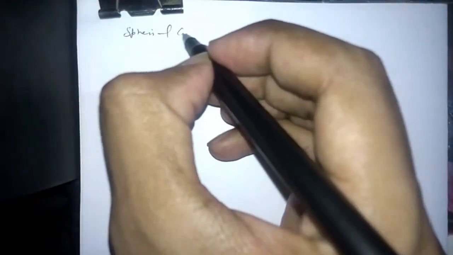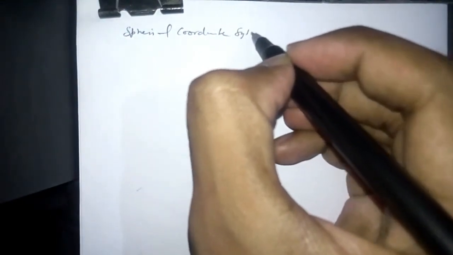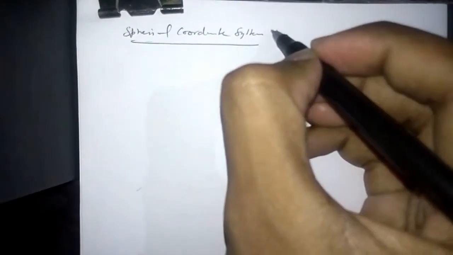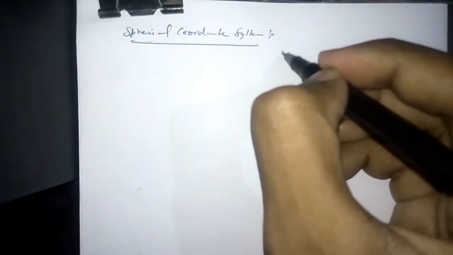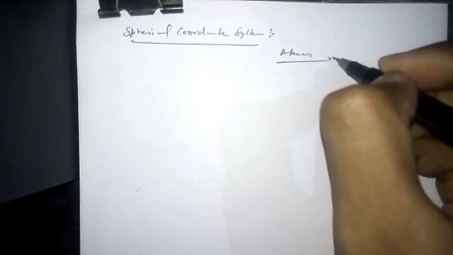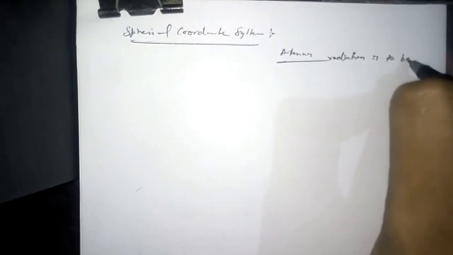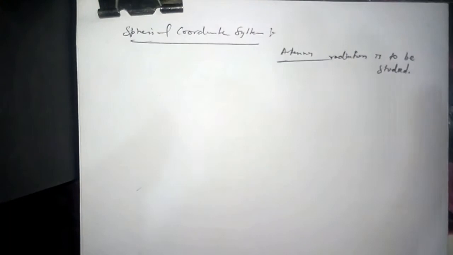Now the next and the last coordinate system which is generally used is spherical coordinate system. This system is basically used in antennas where radiation is to be studied, because radiation spreads spherically.